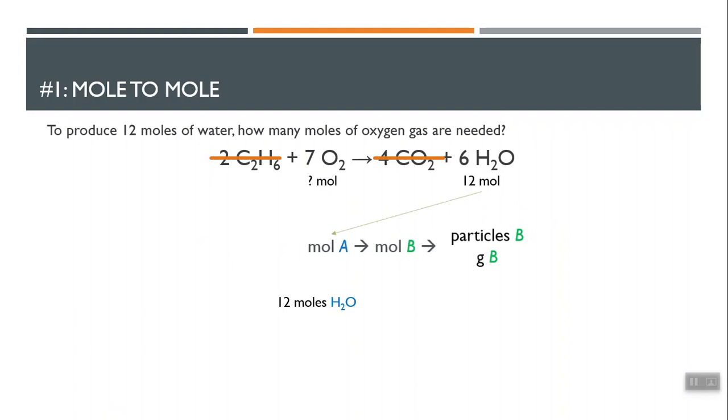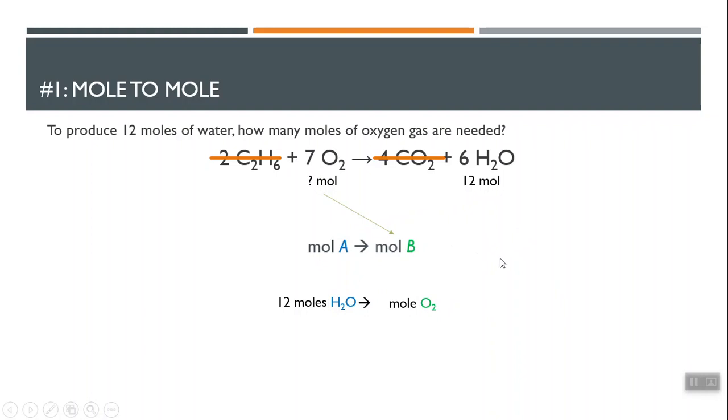And the next thing I'm going to do is I'm actually going to look at the next part. So this tells us where to go next, and it says moles of B. Well, what is B in this case? B is what it wants, O2. Okay, so I'm going to write moles of O2 right underneath it. Okay, I'm going to go ahead and cover up the other part because it's not asking for grams and it's not asking for particles.